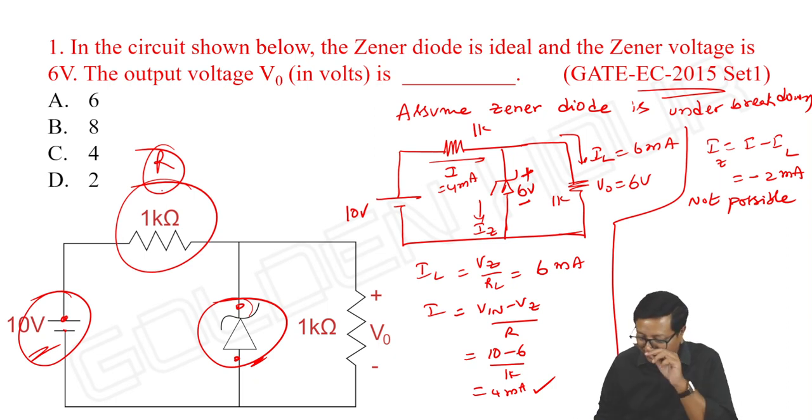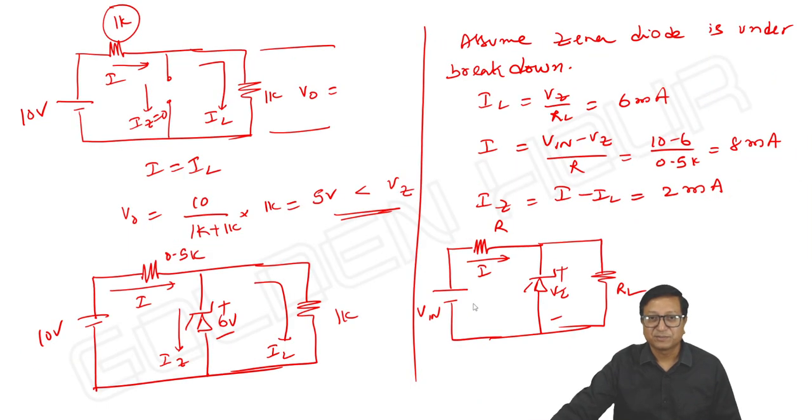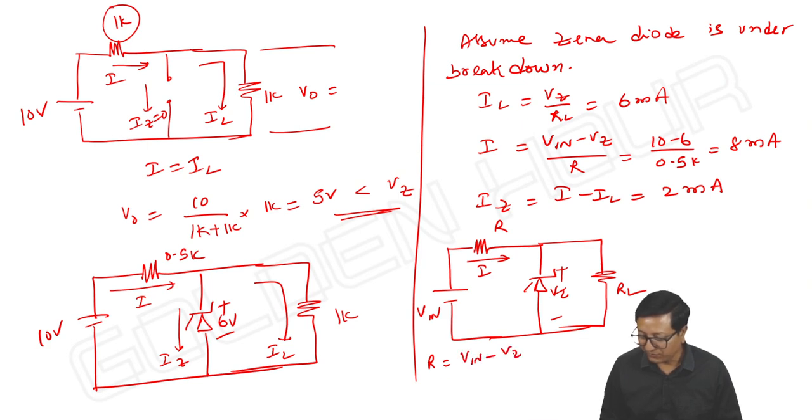Or I can say here, okay, see this. R is equal to Vin minus Vz by I. So here R is inversely proportional to I, no doubt about it. If I increase R, then I will decrease.